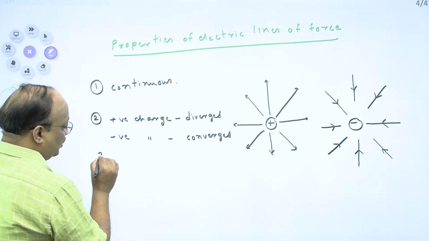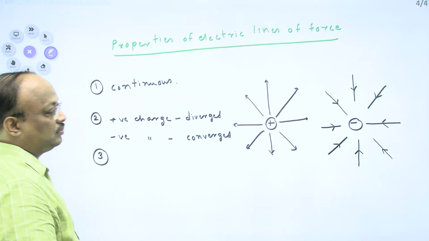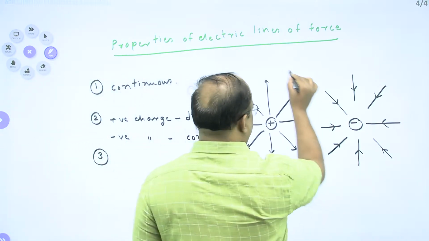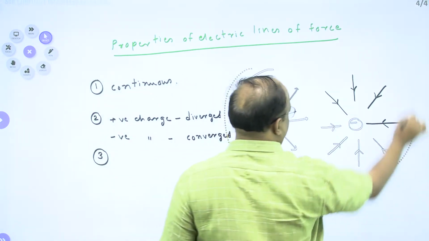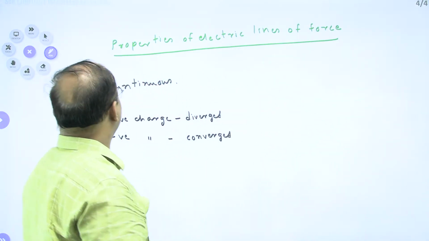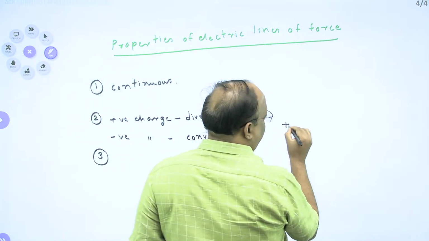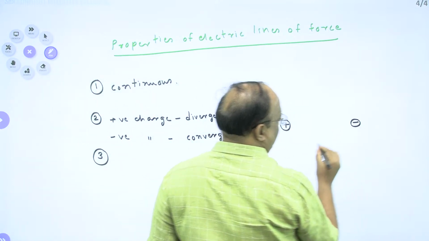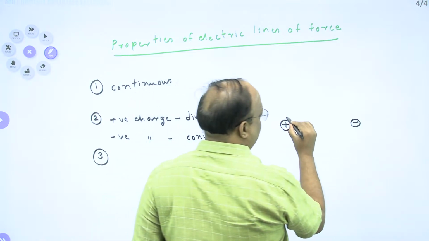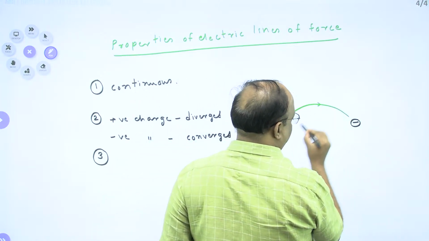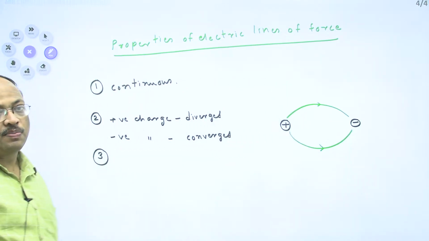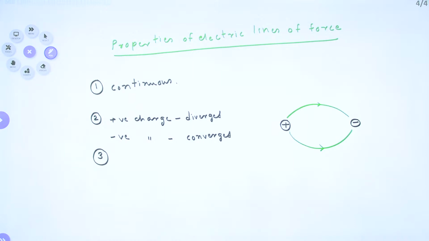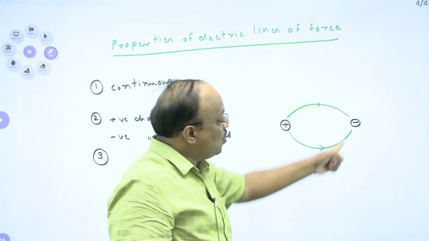Next, third point. You can see in a dipole, positive and negative, how the electric lines of forces start at positive charge and end at negative charge, but cannot form a closed loop.